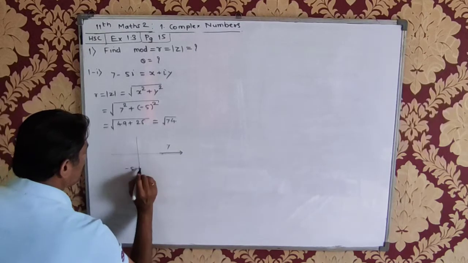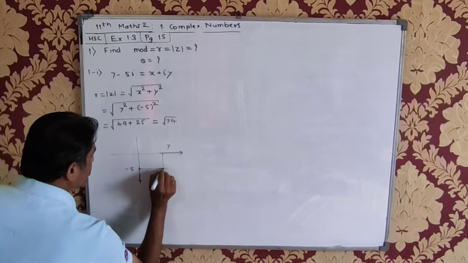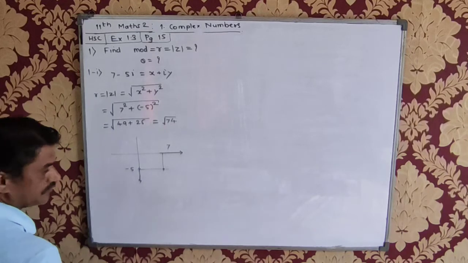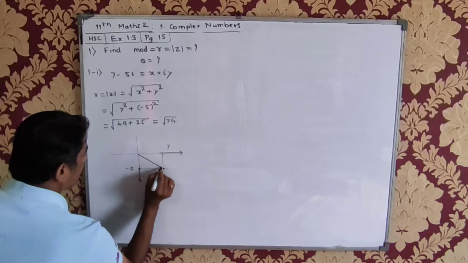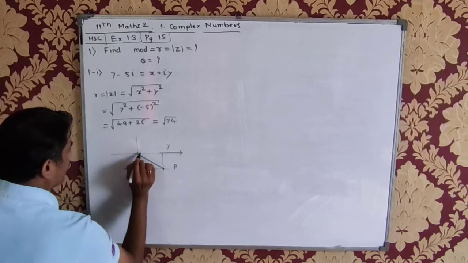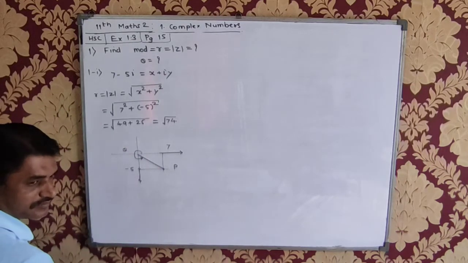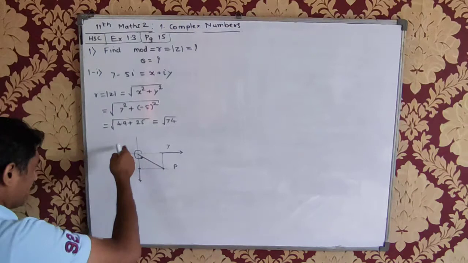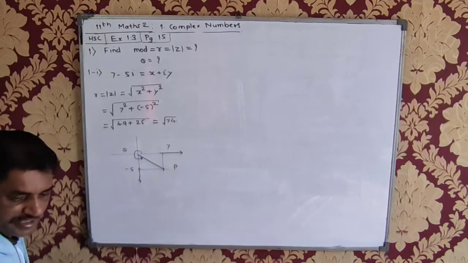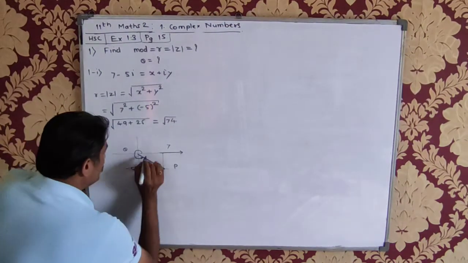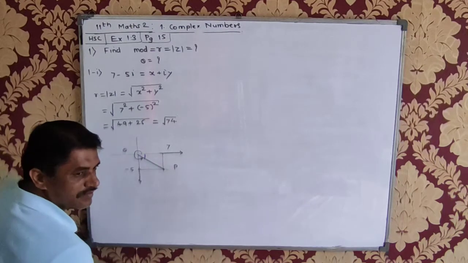So this is the position of the complex number. This is OP, and this is the angle which it makes, that is theta. Now instead of this angle, it is convenient to go for this angle, alpha.